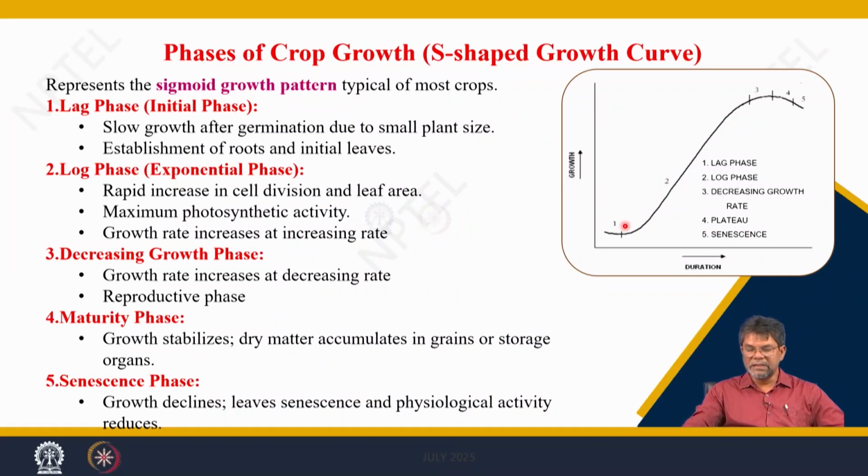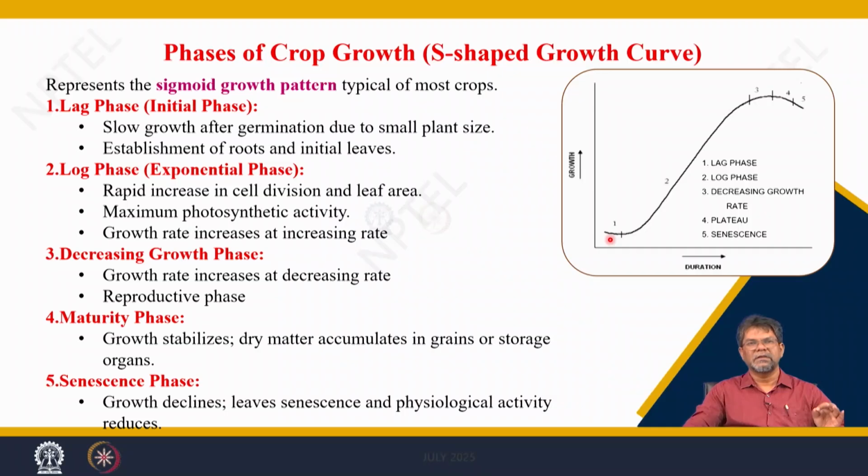So the initial phase is the lag phase, we can say sowing or establishment, when the seed has been sown or the crop has been transplanted, because the crop tries to establish fast and develop the root system. The crop tries to understand the ecosystem, what the soil system is, what the weather is here and how the root can develop. When you have sown the crops, the plant takes the initial nutrient from the stored material in the seed, through germination, as the plumule emerges.